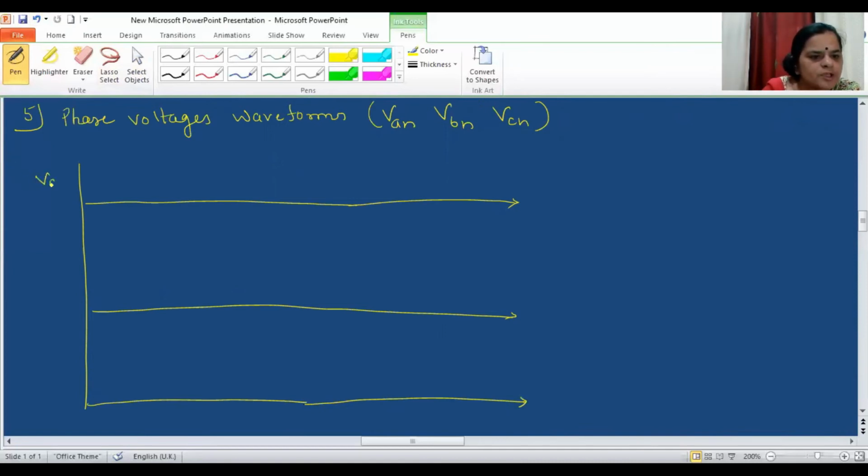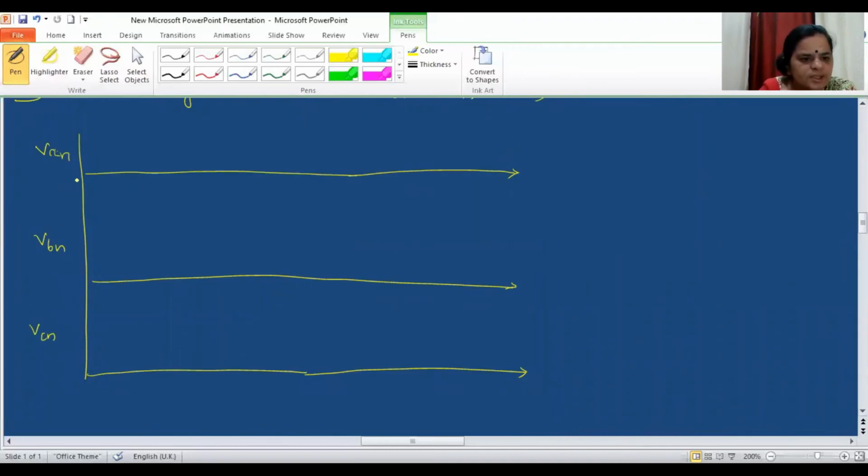So here I am going to plot VAN, this is VBN and this is VCN. Now let me draw with a different color. This is 0. So let us write 0, 30, 60, 90, 120, 150, 180, 210, 240, 270, 300, 330.